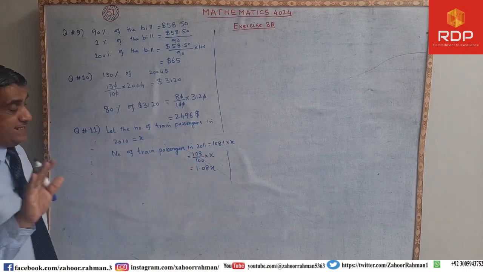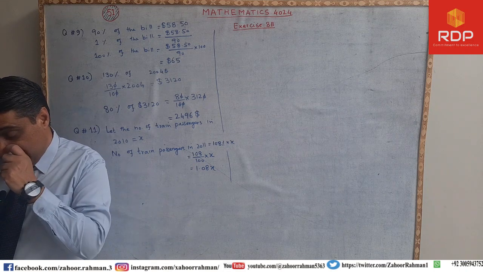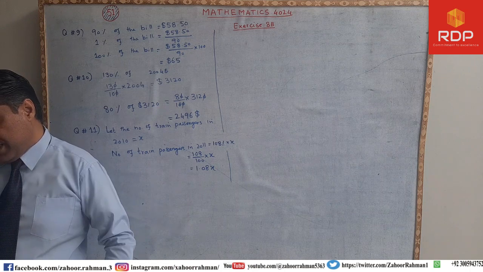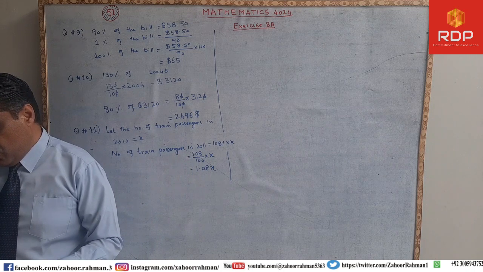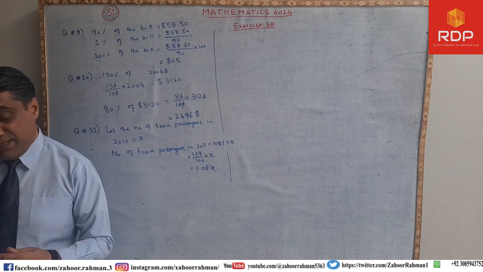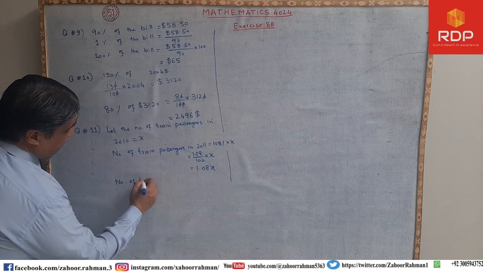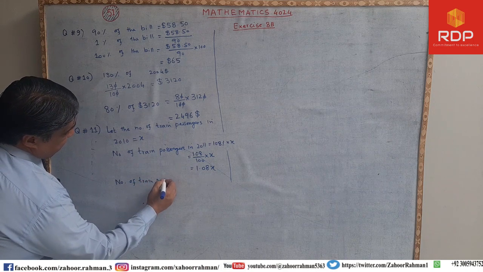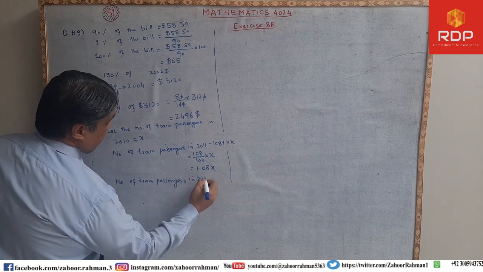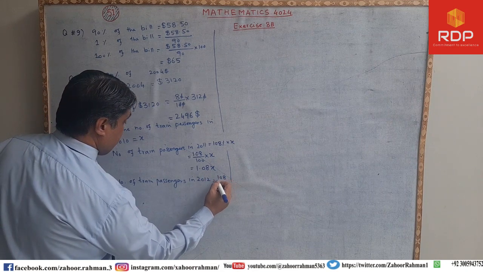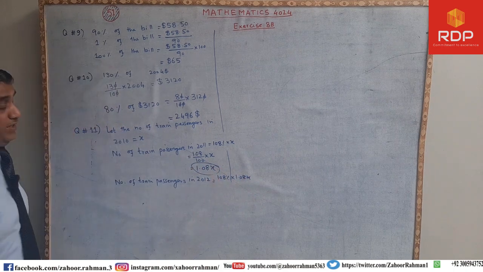So 1.08X is in 2011. In 2012 it is increased by 8% of the value which was in 2011. The number of train passengers in 2012 is equal to 108% of 1.08X, which is this value.